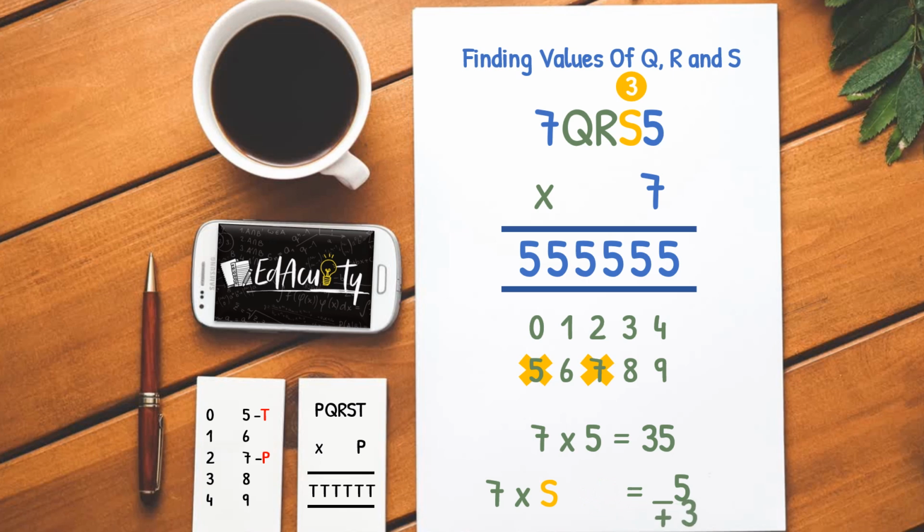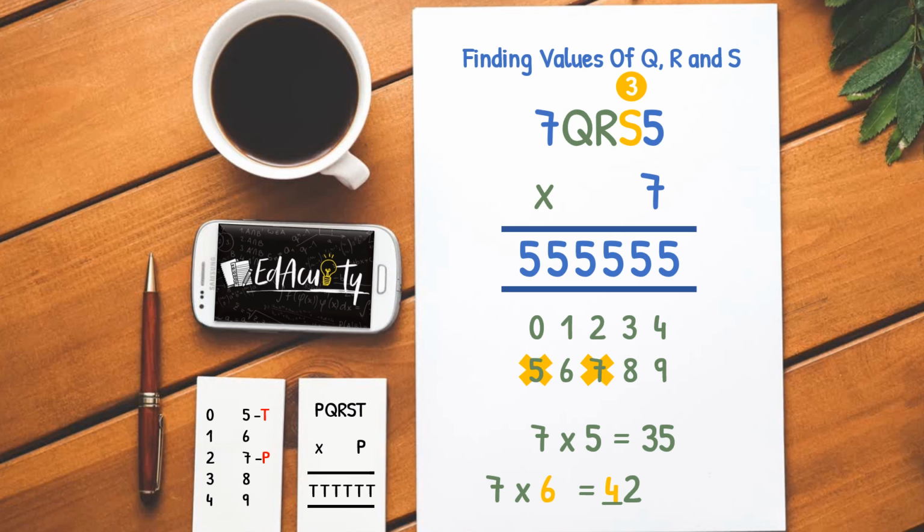Shifting 3 to the other side, we get 7 into S equals a number ending in 5 minus 3, that is ending in 2, means 2 at 1's place. Now, we are only left to think of a number which gives 2 at 1's place when multiplied by 7, and that is nothing but 6, as 7 into 6 is 42.